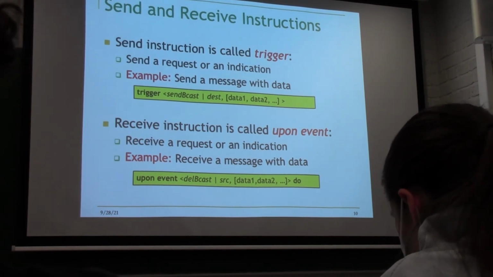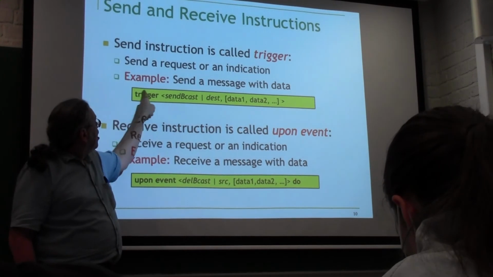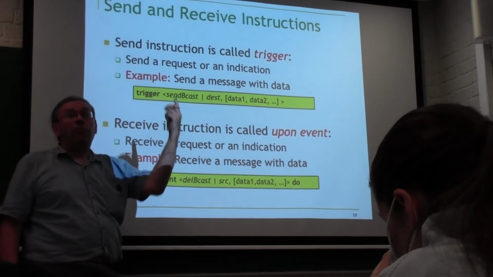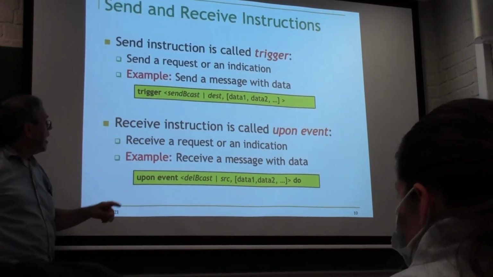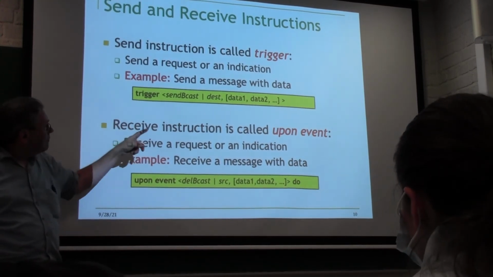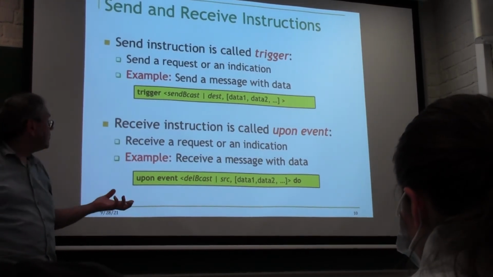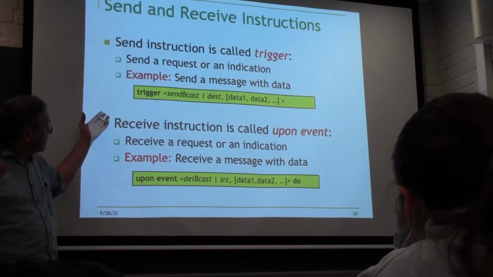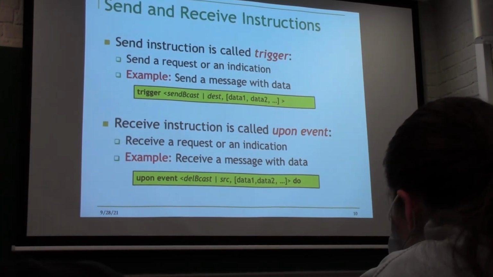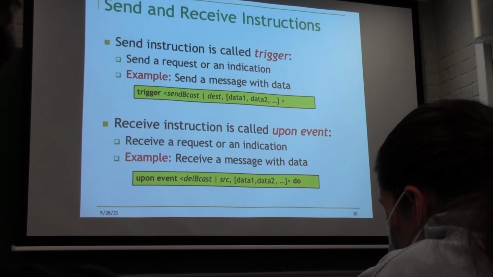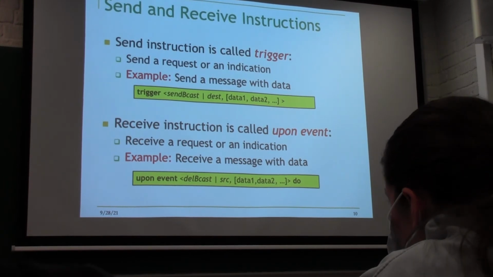Indication is a send that goes up. So a trigger can either go down or up. It's a send, and receive is called upon event. So it basically waits for a certain event, a certain message to come. So if I have two boxes, I can have trigger and upon event like this.